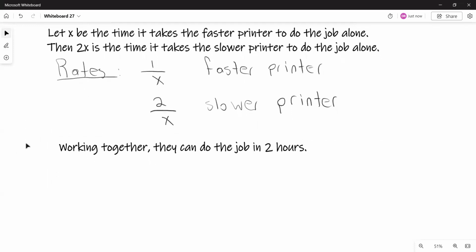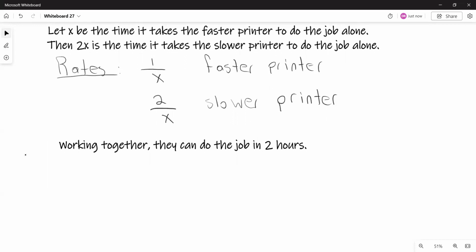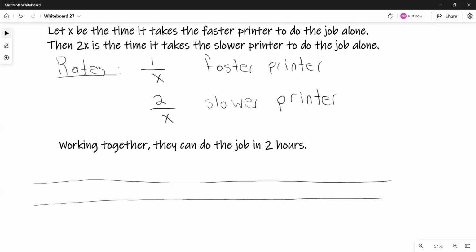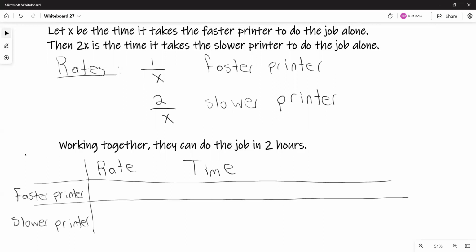Okay, we're going to make a table like before, with the rate, the time, and the part of the job completed, with the information for the faster printer and the slower printer.